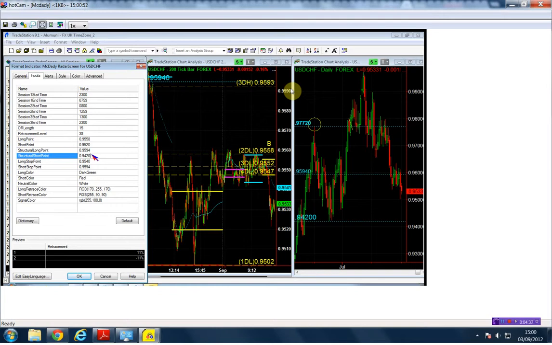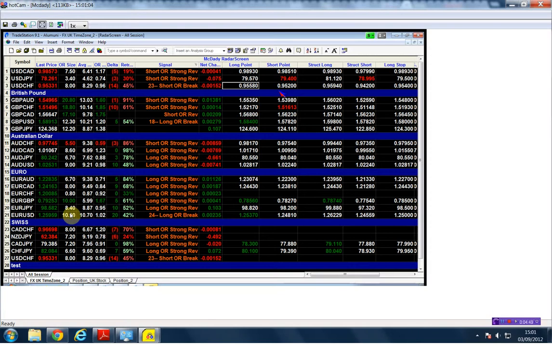Okay, so on the short side, for the dollar Swiss, we're buying it above 95.58. We have a structural long point at 95.94, and our stop is going to be 95.40, so it's a tight stop.